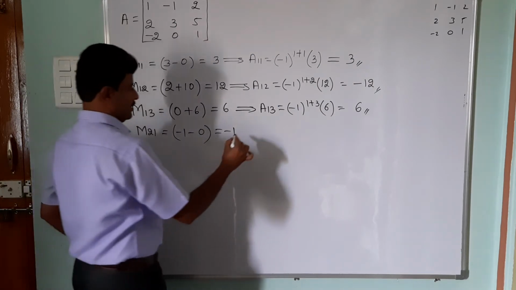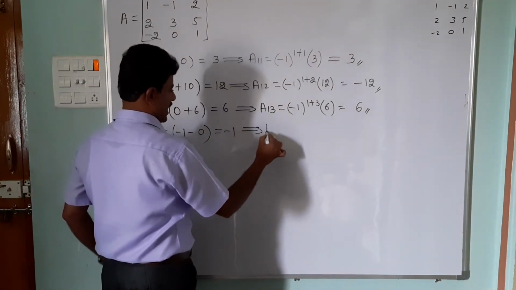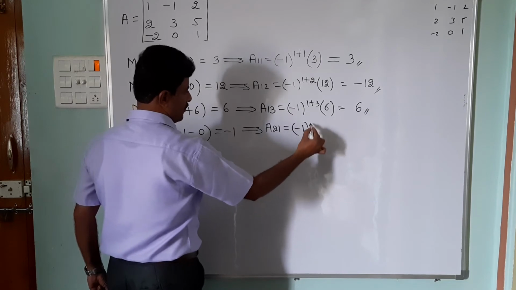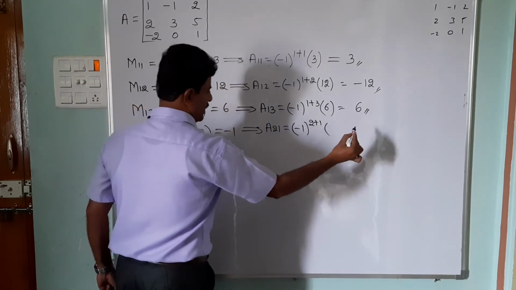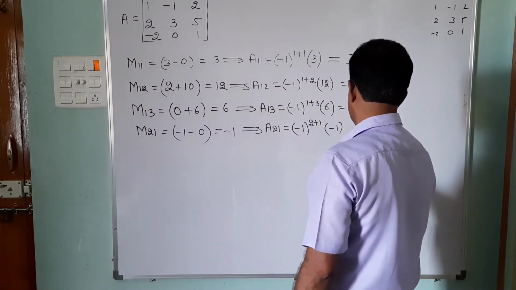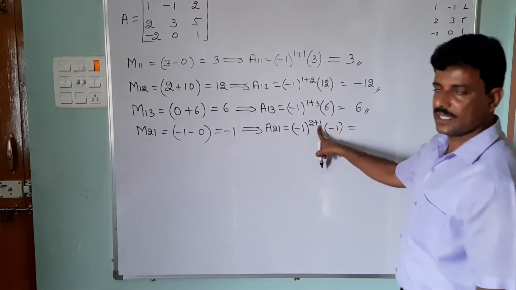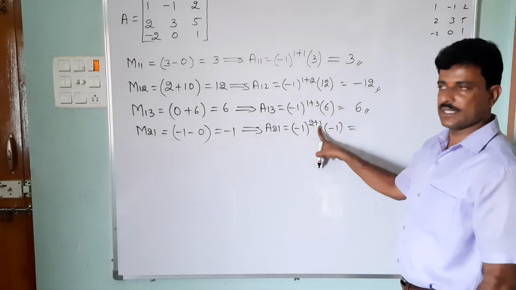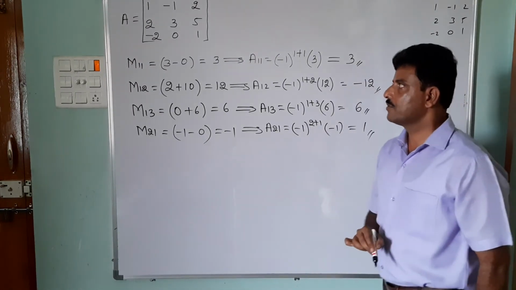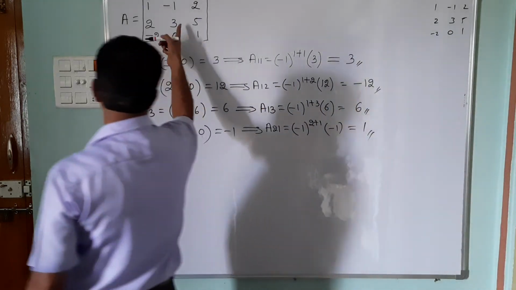Then A21 is equal to minus 1 to the power of 2 plus 1 into the result minus 1. 2 plus 1 is 3, which means negative, so minus into minus gives plus 1. This is the cofactor of 21. Next, this one.